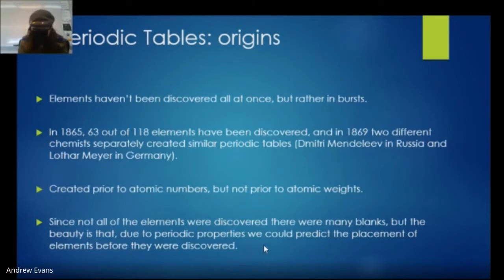In fact, Dmitri Mendeleev was a little bit of a narcissist, and he knew he was so right that it predicted the weights of the elements that were going to be discovered. And one of the guys discovered an element, and the weight didn't match what Mendeleev predicted. He said, "You're wrong.